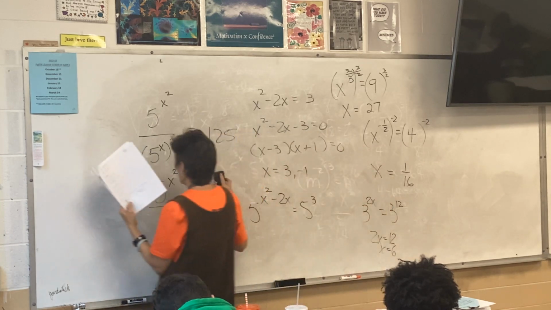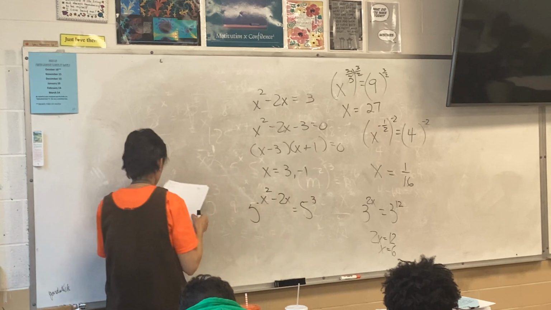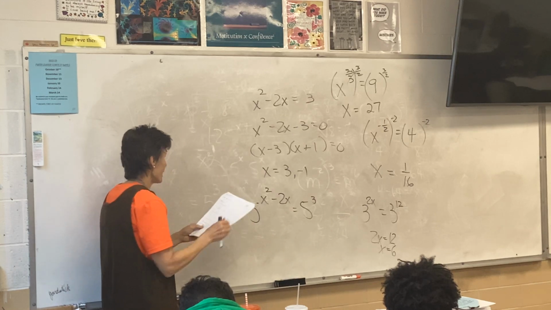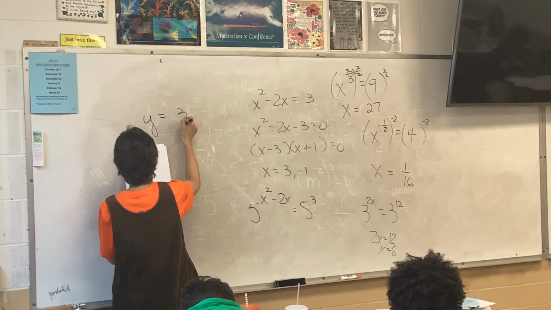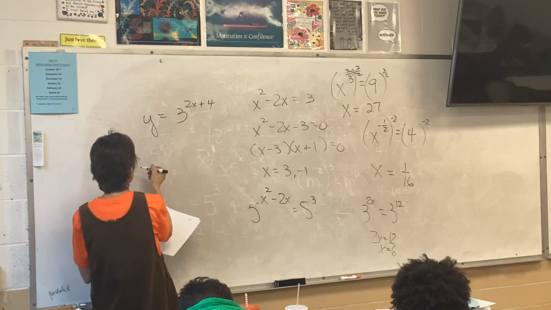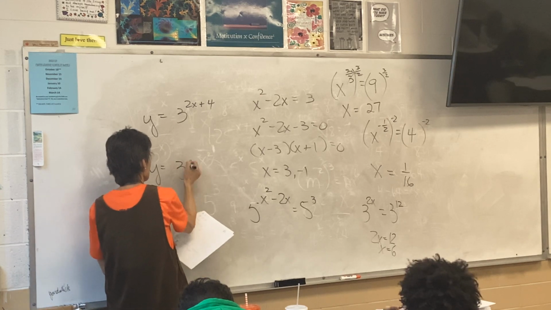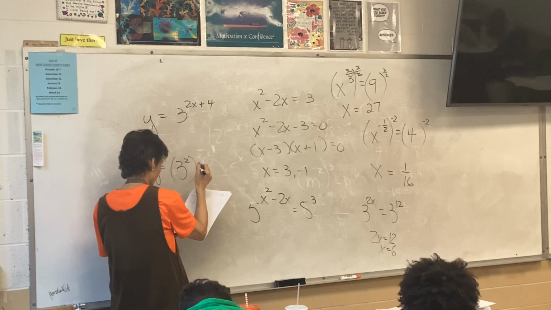So in number 1, which of those equations do you think are the same? A and C. Let's see if you are right. So there's A. Not really much I can do with that. But C, 9 is 3 squared, right?